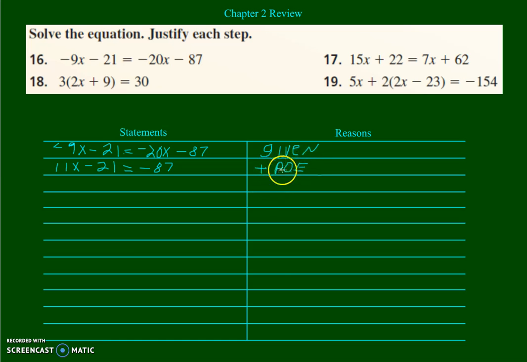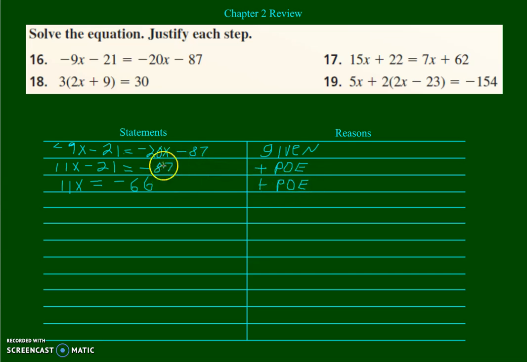I'm abbreviating property of equality, POE. And now I'm going to add 21 to both sides. So we have 11x equals negative 66. And since I added again, that's the addition property of equality again.